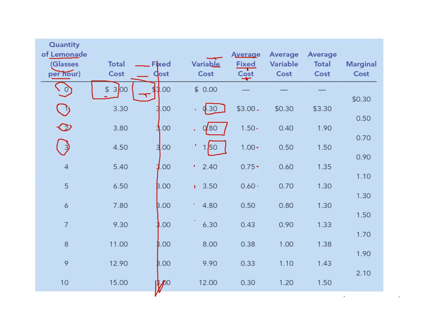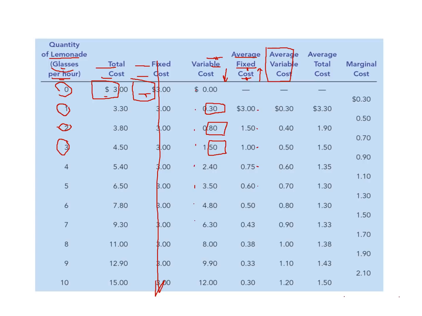Combining this average fixed cost, which is decreasing for each additional unit per hour of output, with this average variable cost, which is increasing for each additional unit per hour, will give us the average total cost. Remember, that is just the total cost divided by the number of glasses of lemonade produced per hour.